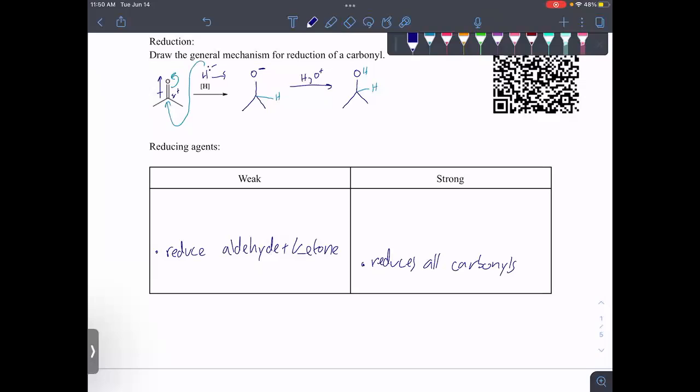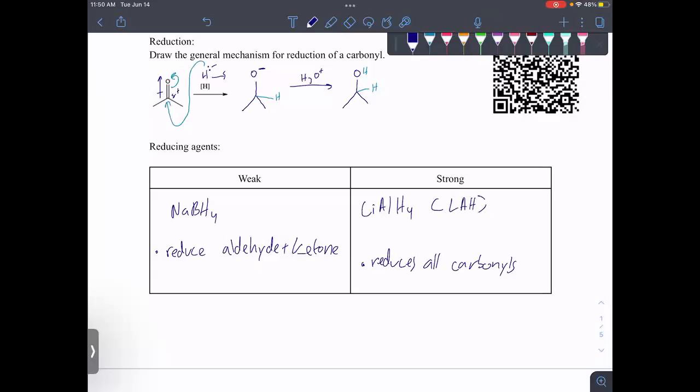So this is all you're going to have to memorize for the reagents of reduction. There's only two. The first reducing agent is NaBH4. It's weak, and it only reduces aldehydes and ketones into alcohols. And the strong reducing agent is lithium aluminum hydride, LiAlH4, abbreviated LAH.